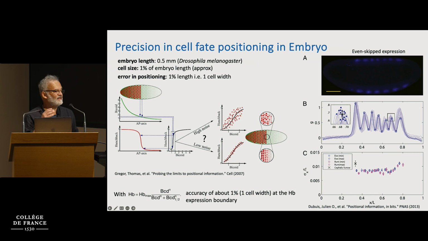And it's this hard task that has to be achieved by the tissue: how to convert a very noisy morphogen profile, which I'll show you in the next slide, into a much less noisy, very precise developmental outcome.